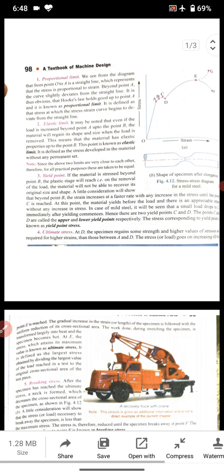You may only discuss this in material science, but you may not see any practical application. You may study in mechanics subject also, but you may not see practical application in this particular subject.